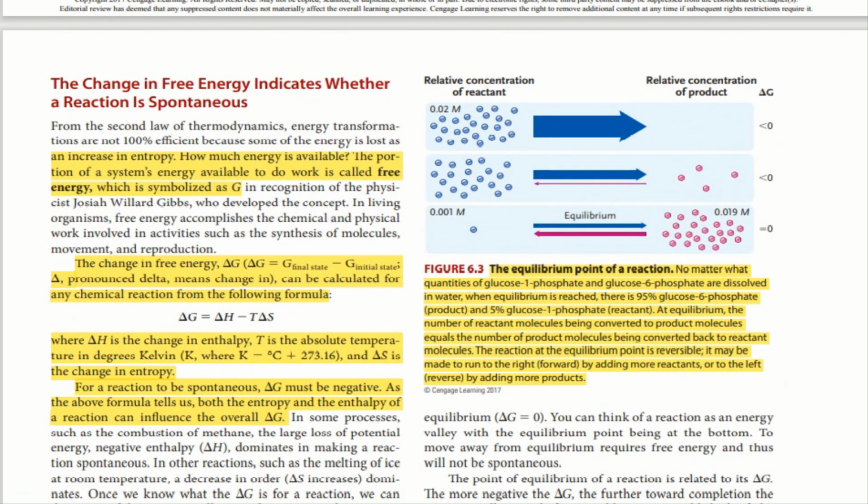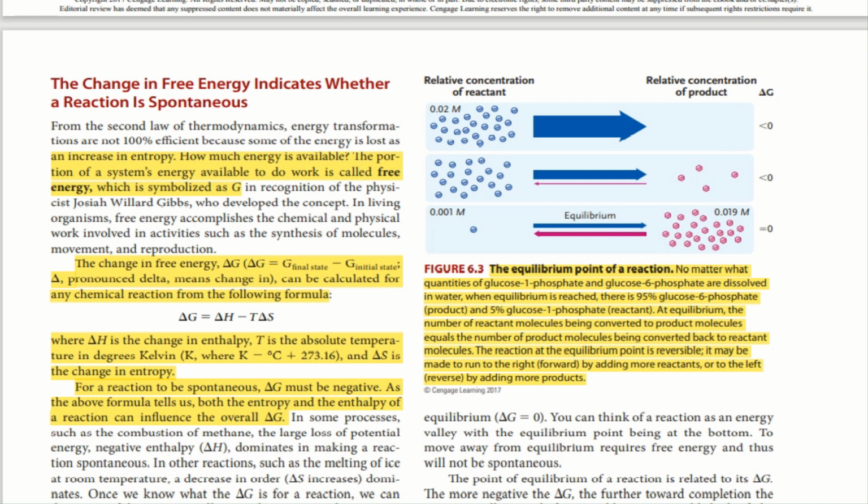Let's look at the diagram. At the equilibrium point of a reaction, no matter what quantities of glucose 1-phosphate and glucose 6-phosphate are dissolved in water, when equilibrium is reached, there is 95% glucose 6-phosphate product and 5% glucose 1-phosphate reactant.